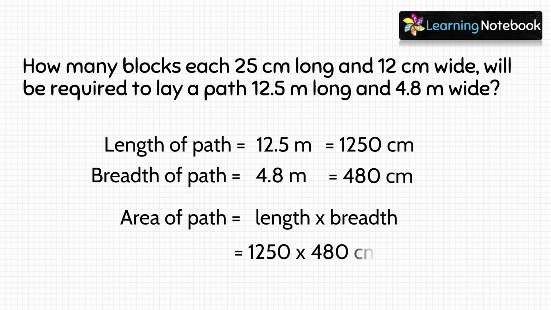So let's put the values here and we get area of path equals to 1250 multiplied by 480 square centimeters. But students, we are not going to solve this. Why? Because ultimately we have to divide it by area of each block.